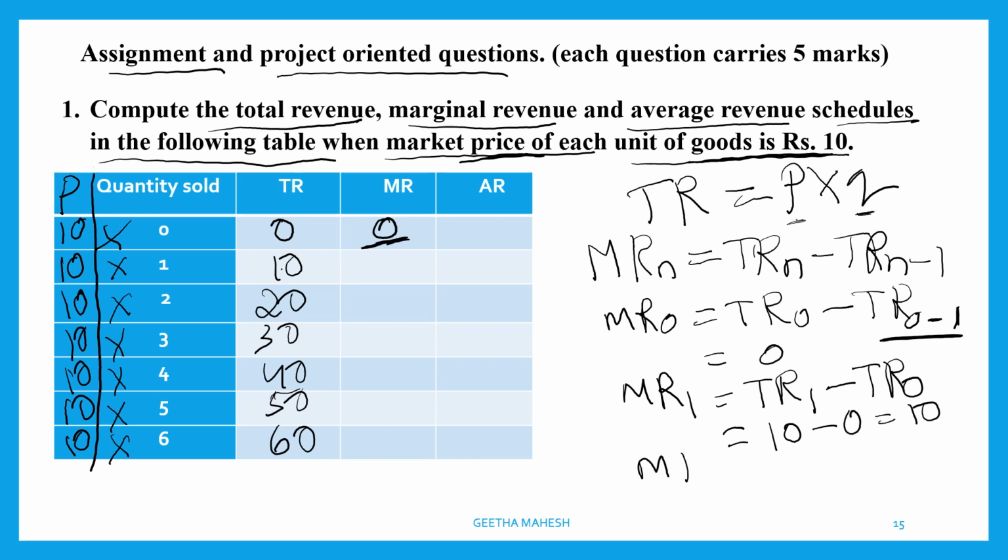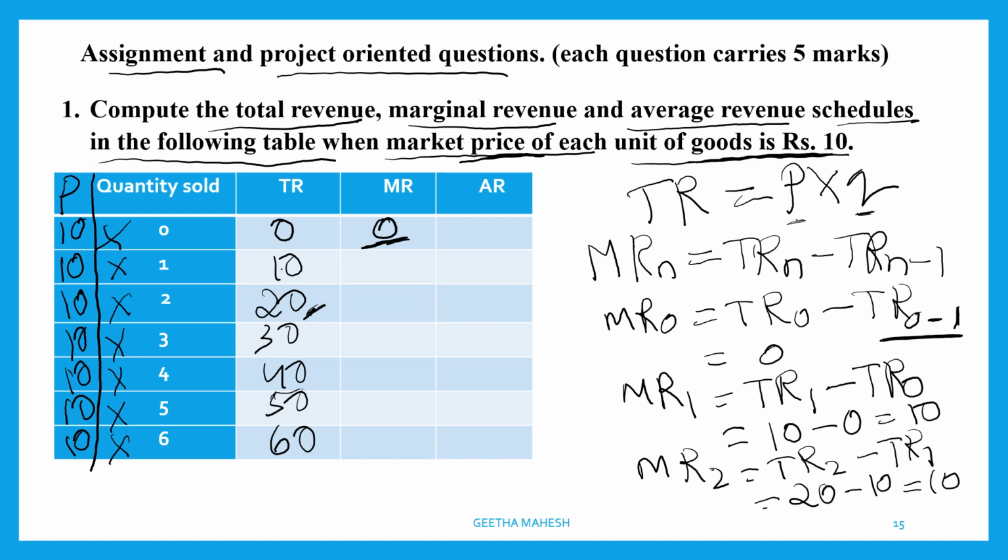Similar way you can calculate marginal revenue for the second one. Total revenue of second unit minus total revenue of first unit. Total revenue of second unit is 20 minus 10 is equal to 10.